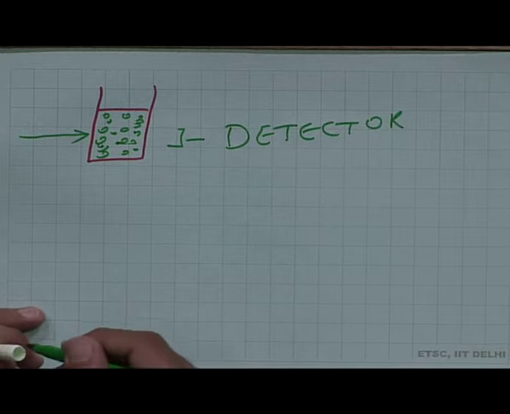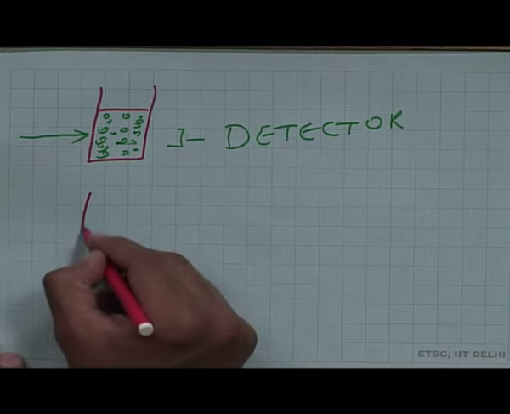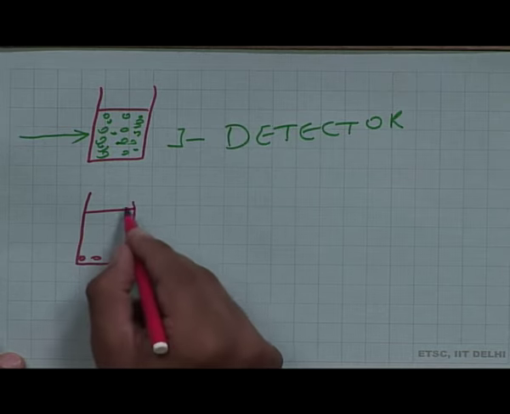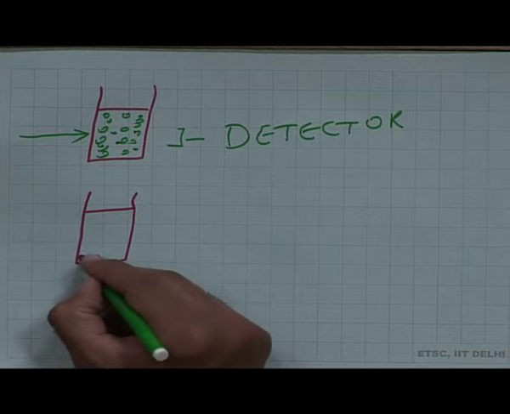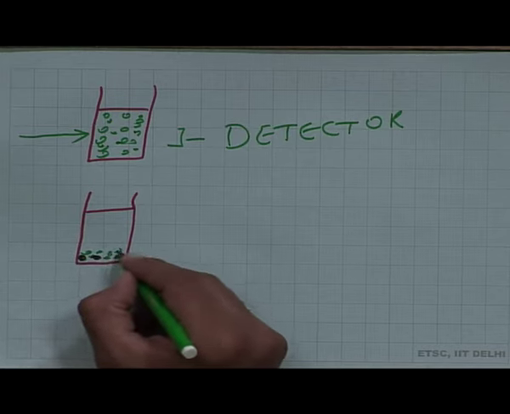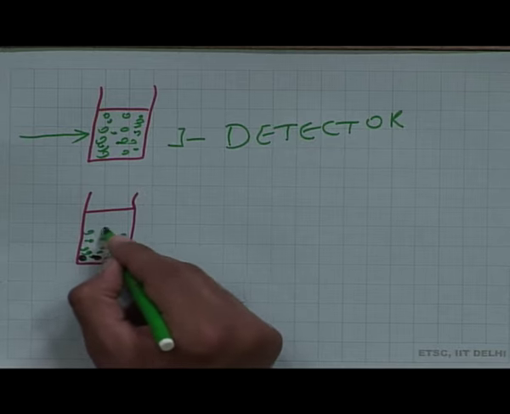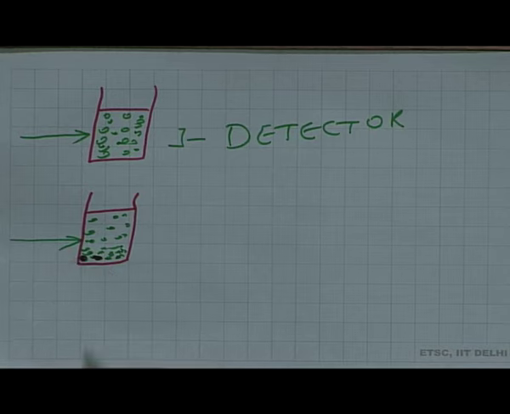Now, imagine that your cells are settling down. So, how will it look like? If the cells are settling down, then the cells should be green in color. So, the green colors are our cells. This is the incident light.